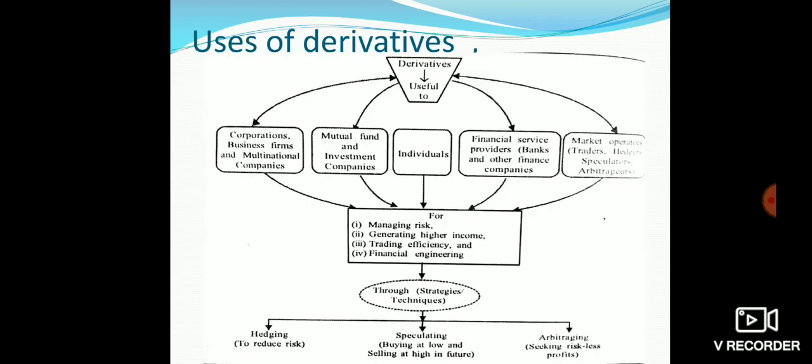Let's understand the uses of derivatives. Derivatives are useful to corporations, business firms and multinational companies. They are also useful for mutual funds and investment companies. They are useful for individuals, financial service providers like banks and other financial companies, and market operators like traders, hedgers, speculators and arbitrageurs.